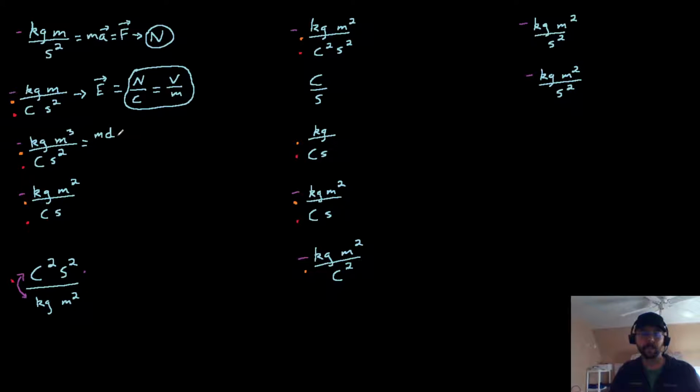But distance squared is the same as area, divided by charge times time squared. And actually, you'll notice when comparing this one with the one above it, it's the same except this one has two extra distances, so it has the area. So basically, this is the electric field times area.